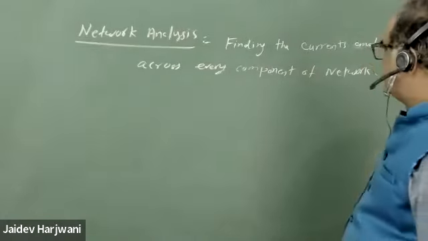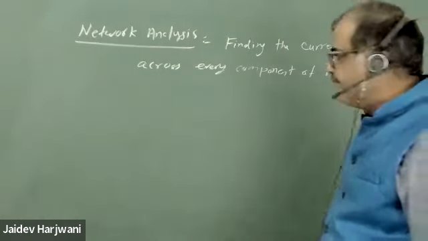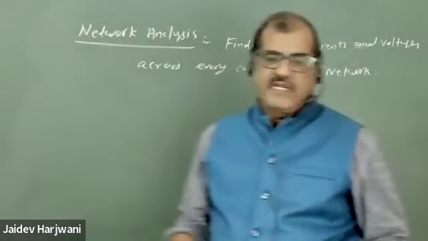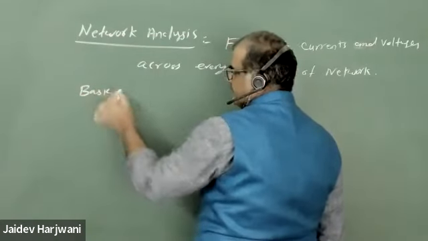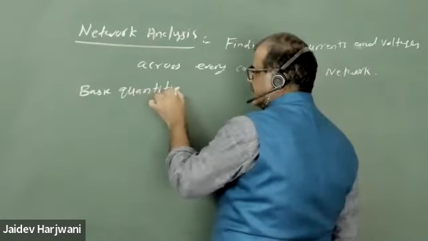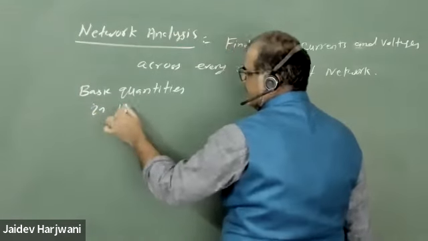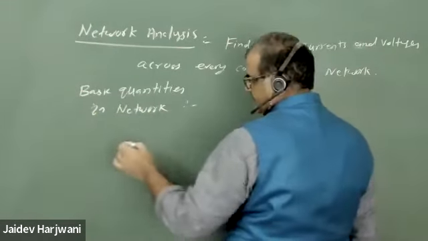Now in network analysis, we have to find currents and voltages, and of course power. So these are the basic circuit quantities, the basic quantities in a network which we are interested in. Number one is your current.